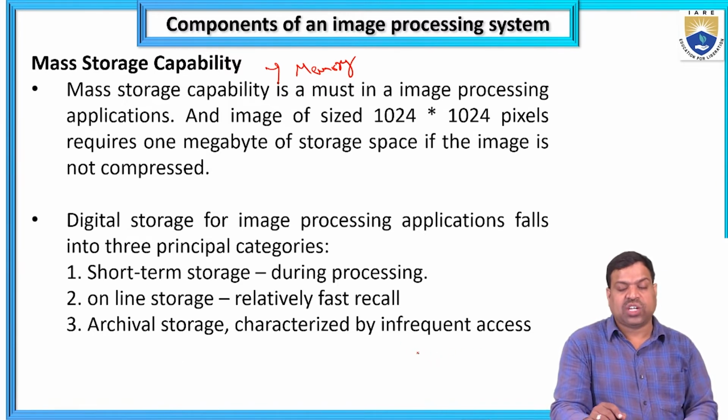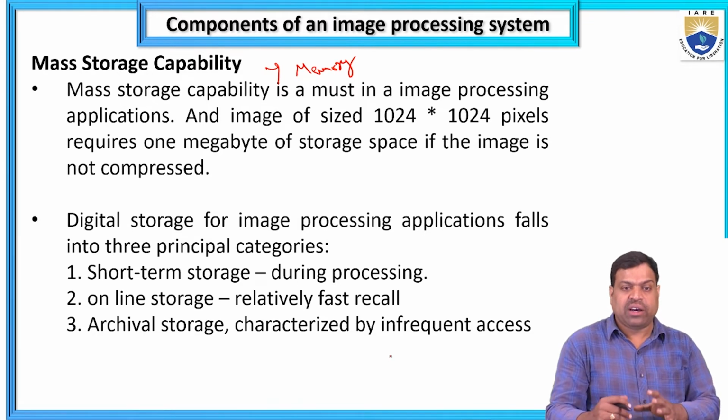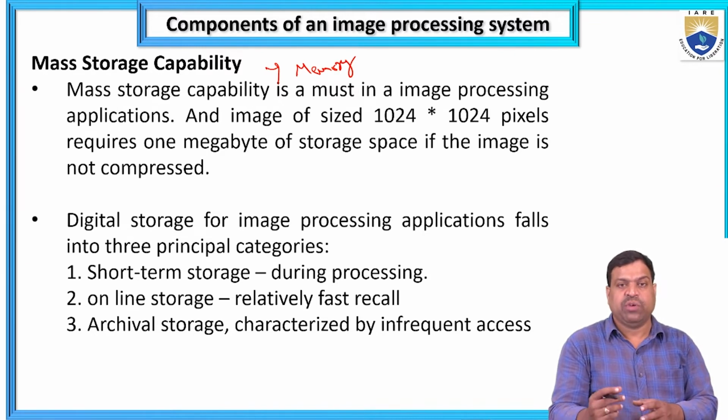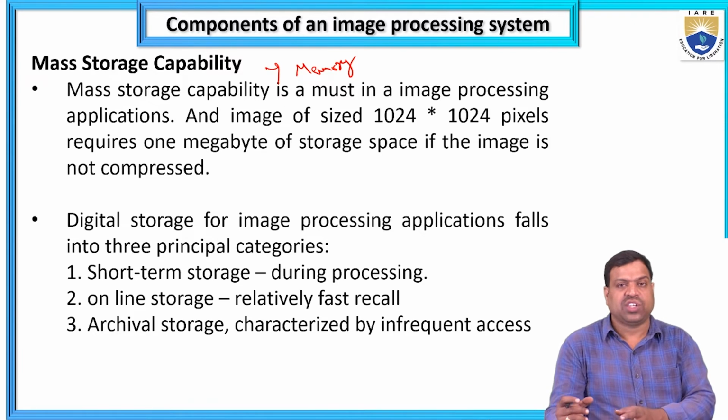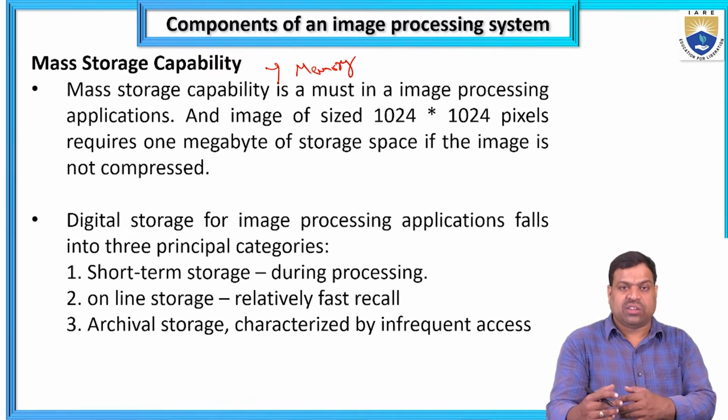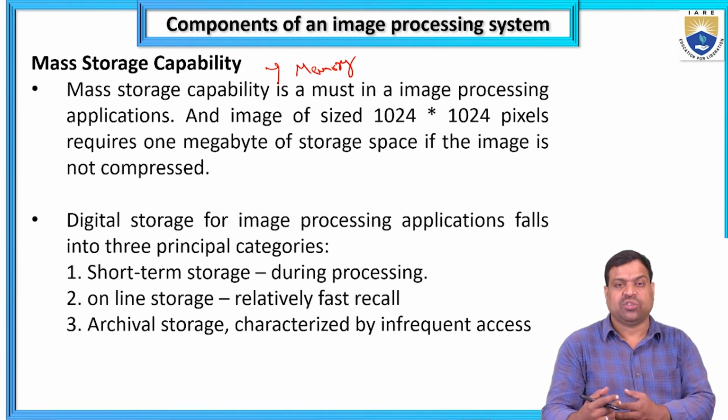So mass storage capability. What is mass storage? Suppose I have an image, and I have to save that image in a physical device. It will occupy some space in the physical device. That is called mass storage. A general example: suppose I have a digital camera and I capture some images. The digital camera converts the analog image into a digital image.